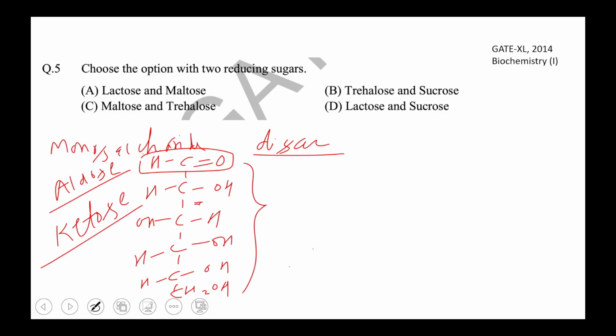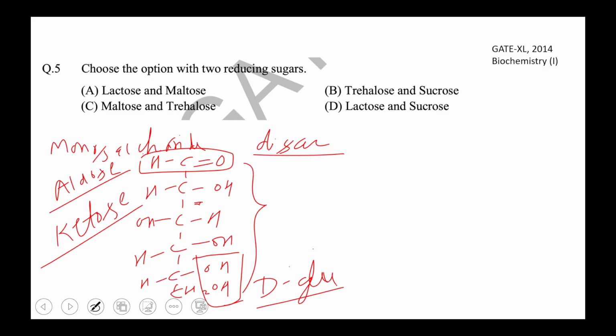Here, this particular OH group is in symmetry with the last carbon. Both the OH are on the same side, that is why it is the D-glucose structure. We have to see the last carbon orientation. If the OH is in the same orientation as the last carbon's OH, then it is D-glucose.